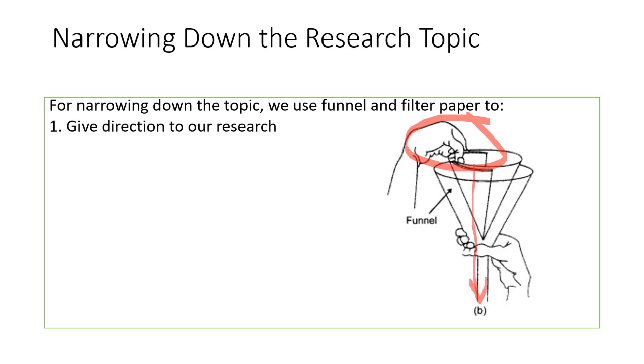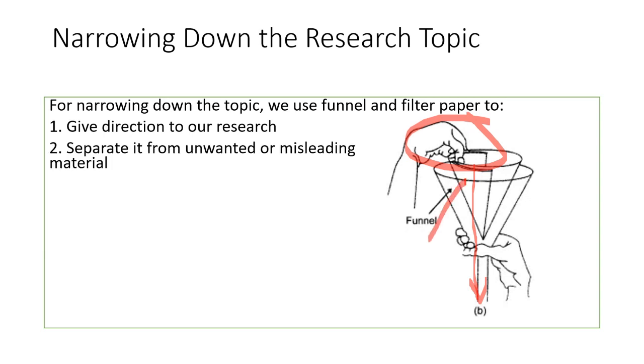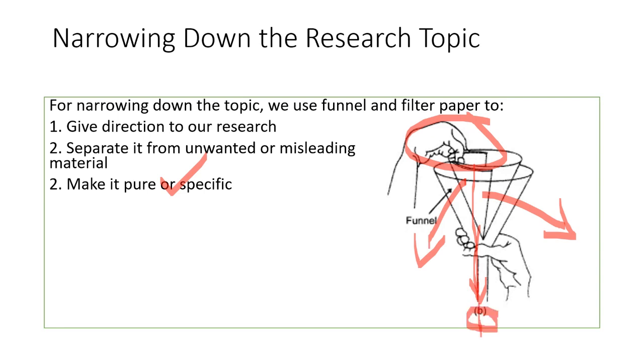This filtration separates it from unwanted or misleading material, because there are a lot of other options when we start work. Different fields or areas might be there in our topic. So this filtration process gives it a proper direction, and this direction makes it specific and pure. It is not moved this way or that way.